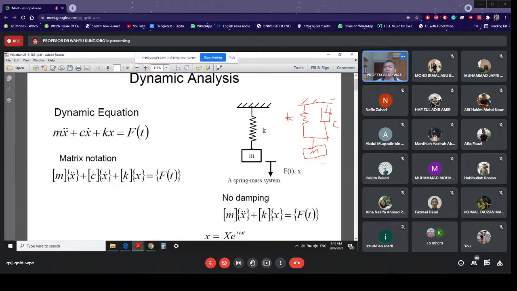If you have this system on the right and then you apply the force F, remember now the force is going to be a function of time. The force is not a static force, but because this is a vibration, dynamic problem, the force is also a function of time.